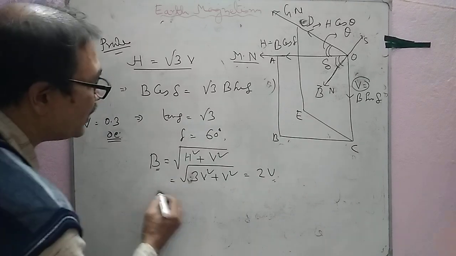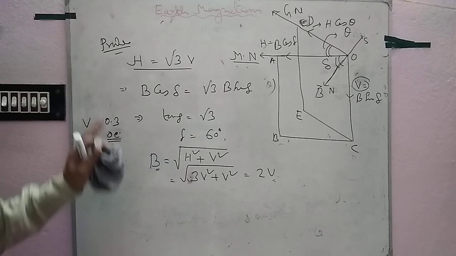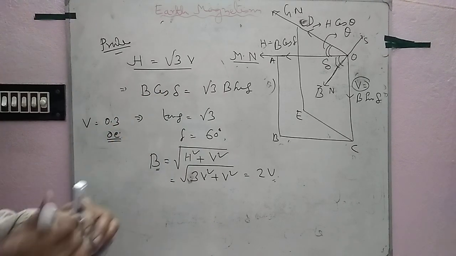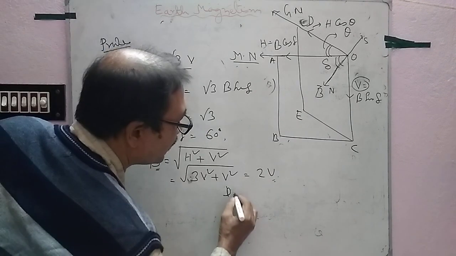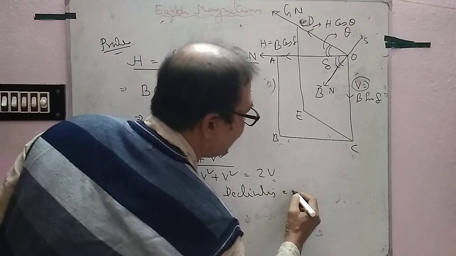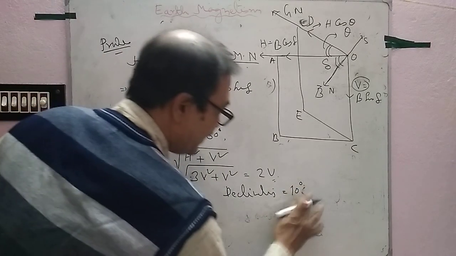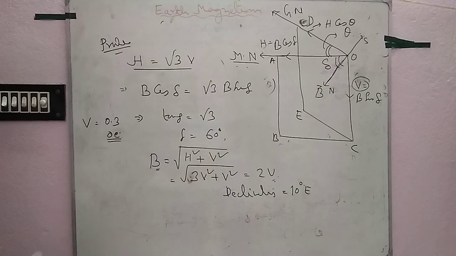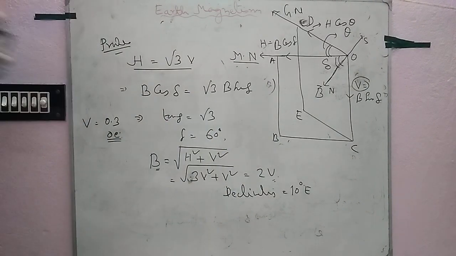From here we can find out the value of B. And here the horizontal component, if the angle of declination is suppose 10 degree, so what will be the value of horizontal component of Earth magnetic field in the geographic meridian?